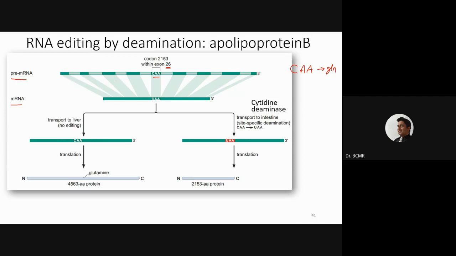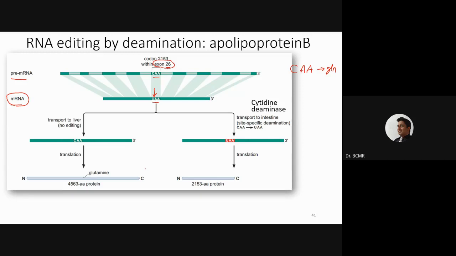After transcription and splicing, we get a mature RNA which has the CAA here. That is the 2153rd codon.